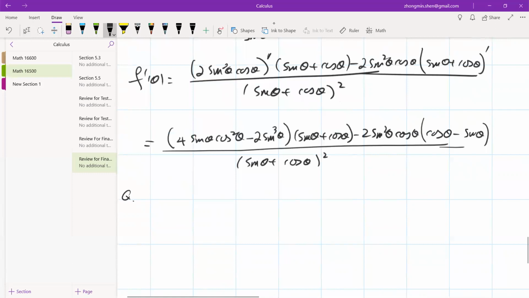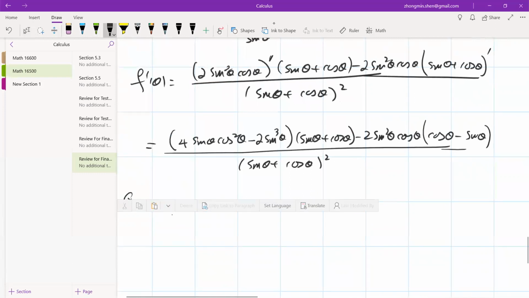All right. The next one is about implicit differentiation. Implicit differentiation, that we are given y cubed minus sine of 2 minus y, and equals x.